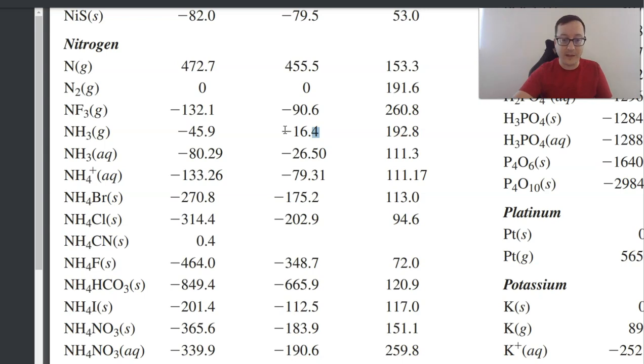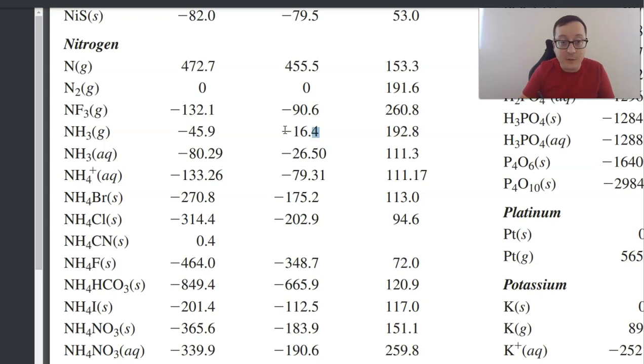All right, so we've calculated delta G. I'm also going to write the values for delta H because we're going to need that as well. So delta H for ammonia is negative 45.9. I'm going to write that in the corner. We have nitrogen, its delta S is 191.6.